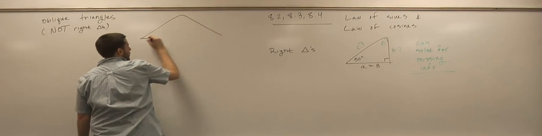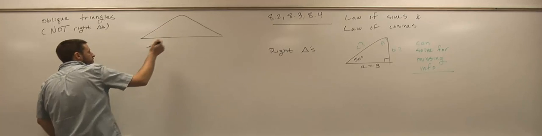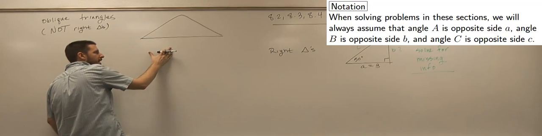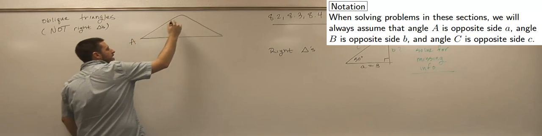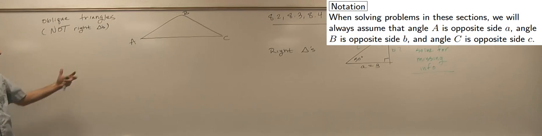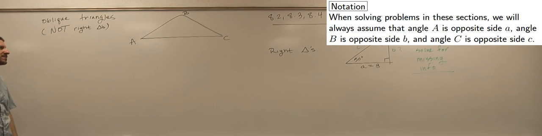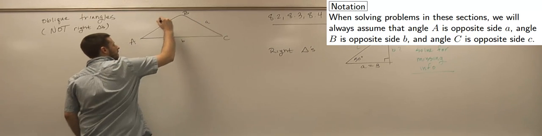Here's your sort of schematic now. And the standard labeling that I told you about last time usually applies here. So if I label my angles A, B, C, to keep things easy, I want to label my opposite side lengths little a, little b, little c.